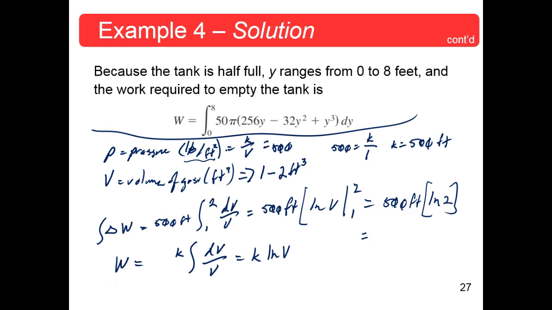Okay, about 347 foot-pounds. Which means that log 2 is measured in pounds, and I, for the life of me, would be hard-pressed to describe how that's true. So we'll just take the word for it.